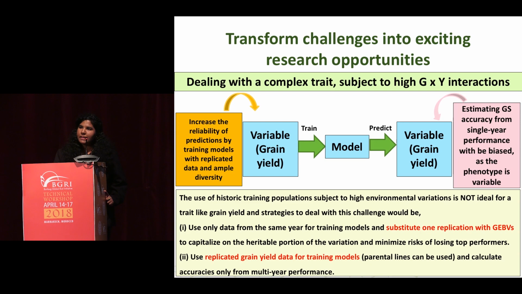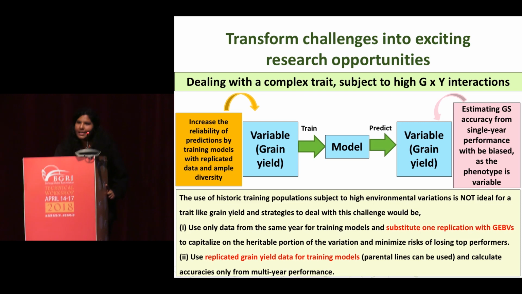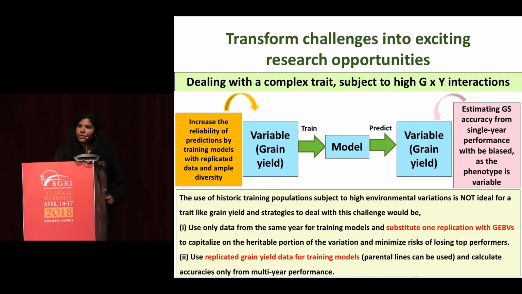When we try to estimate single year performance and correlate that with the true breeding value, that might not result in high accuracies just because the correlation can be biased. We do not know how the same line is going to perform in the next year. All we have is a phenotype as an estimate of the true breeding value. So that might be a challenge when you get estimates from genomic selection.